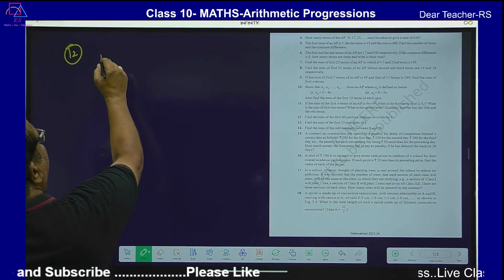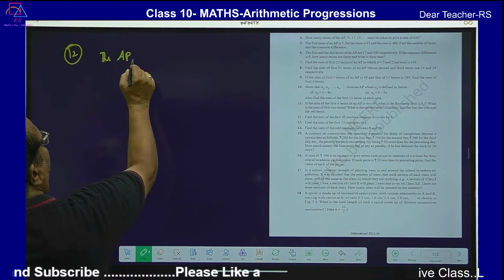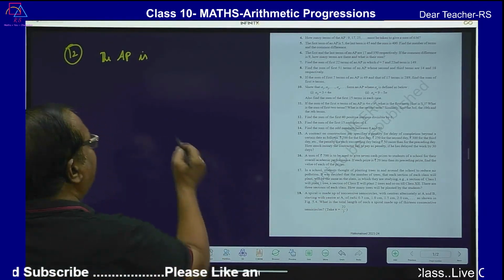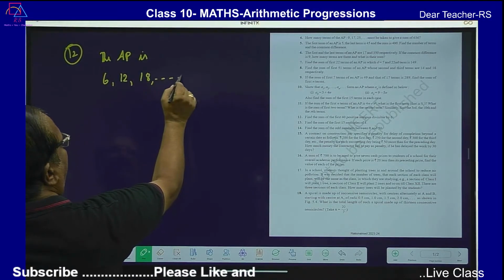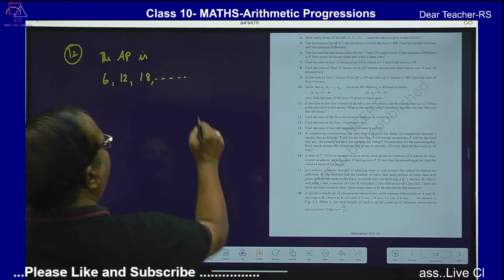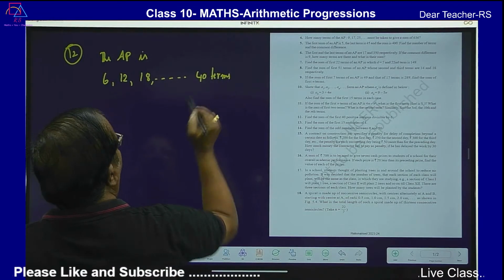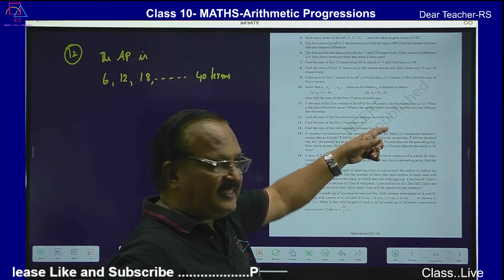So first we write the AP. 6 is divisible by 6. So 6, 12, 18 and so on. How many terms are there? 40 terms are there. This is the AP, because positive integers divisible by 6.